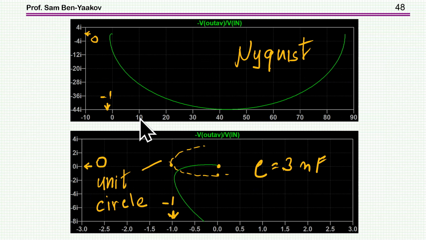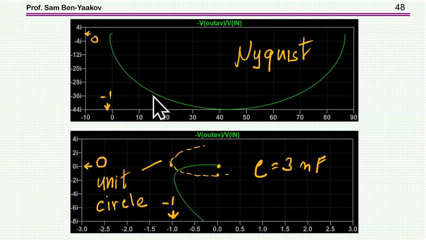This is the Nyquist of this transfer function, which is very nice. This is the real part. This is the imaginary part. Here is the 0, of course, and then this is the -1. And as we know, encircling the -1, 0 is indicative of an unstable system.